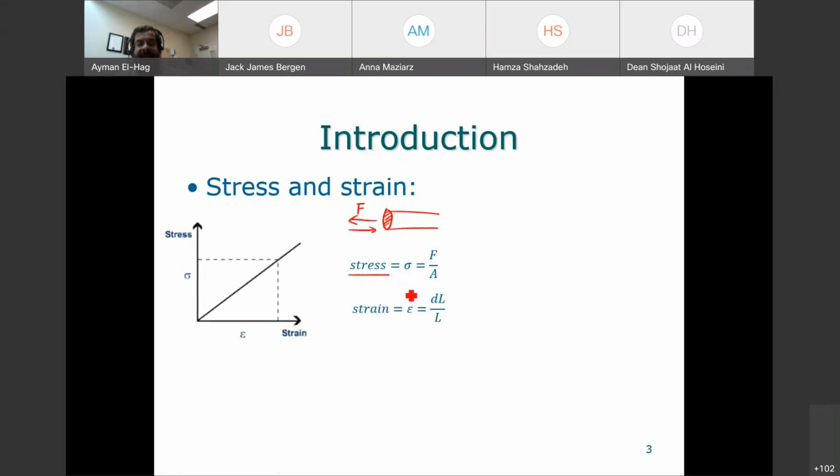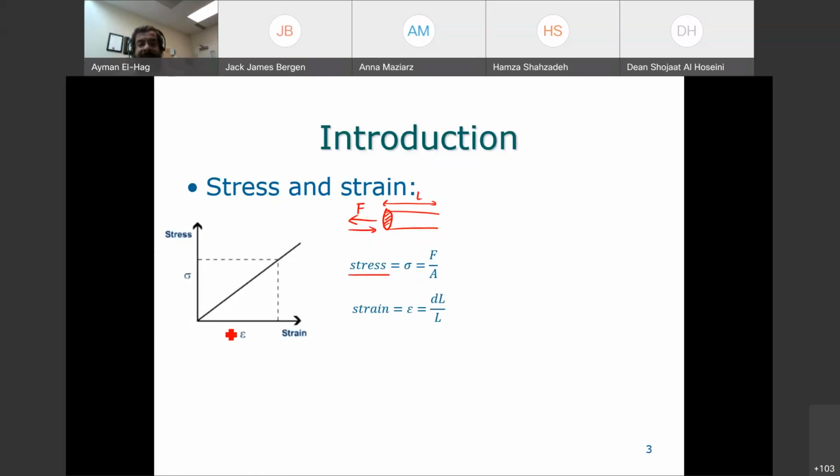The strain is, as a result of this force, the change in the length of this material. This could be positive or negative, meaning you could increase or decrease the length depending on whether you are applying a tensile force or a compression force.